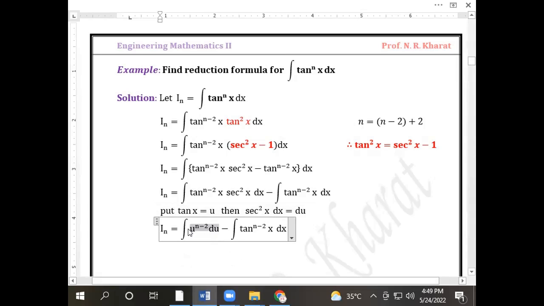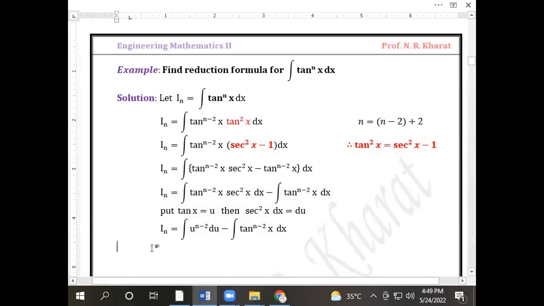So we get the index because the index of tan is n minus 2, and the integral becomes u raised to n minus 2 du.